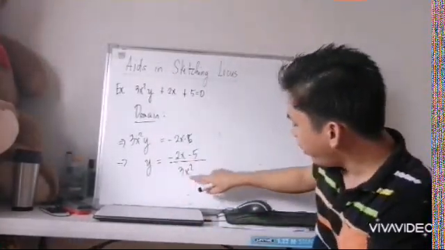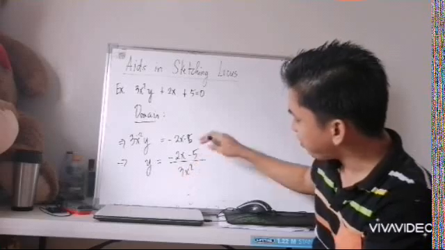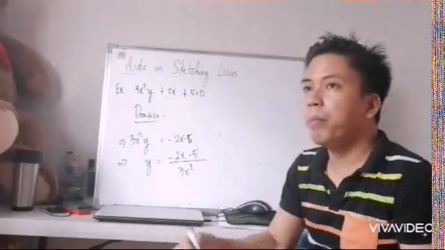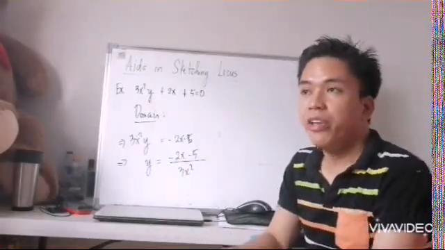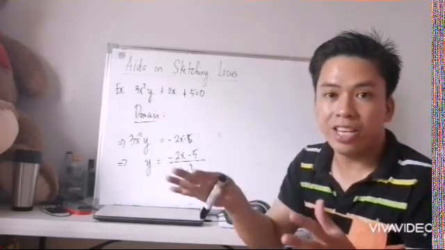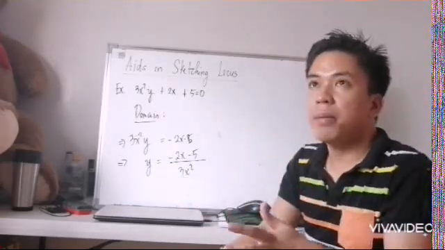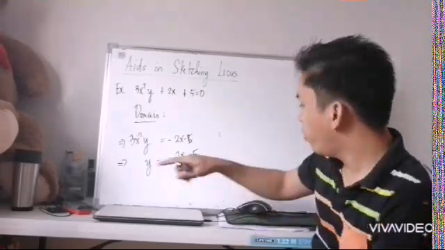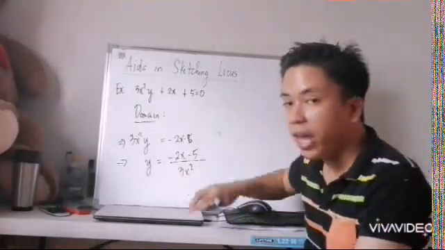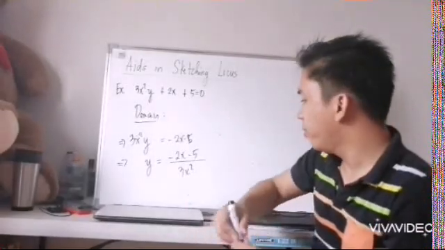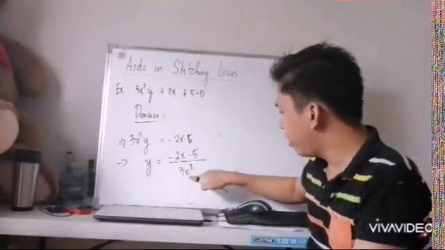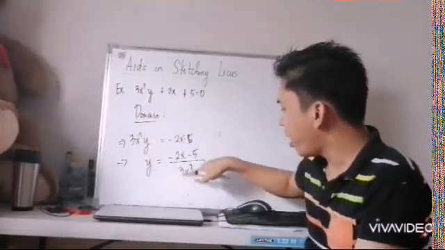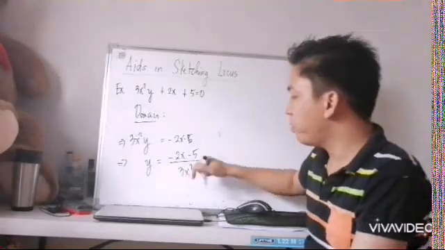Okay? So what makes this expression undefined? Remember what we have reviewed earlier, that when we have a rational expression, the denominator shall not be 0. So what makes it 0? When x equals 0. If our x becomes 0, the entire denominator becomes 0.